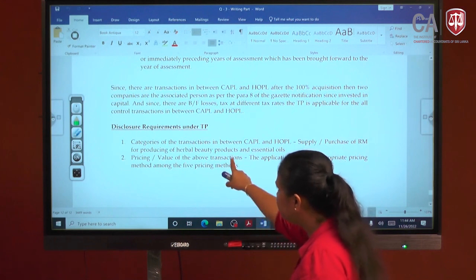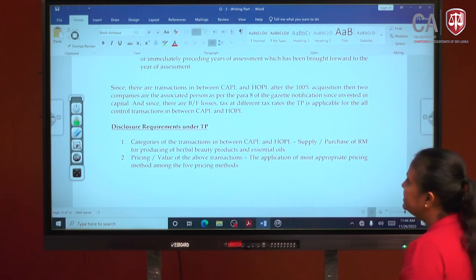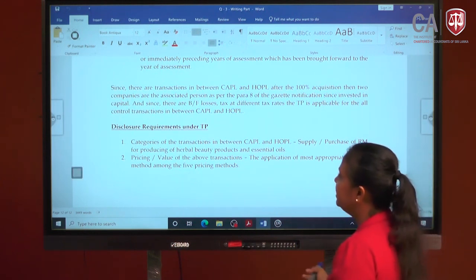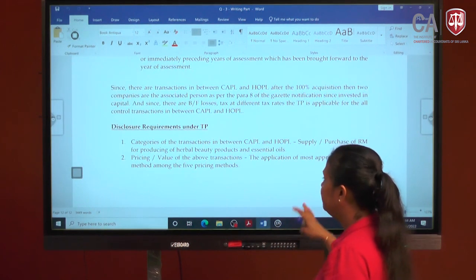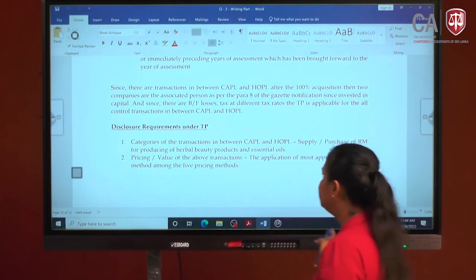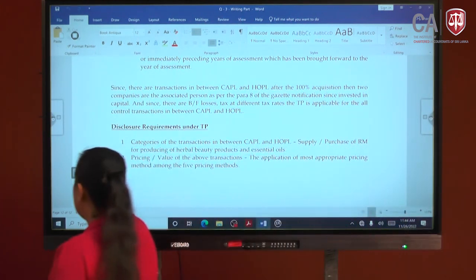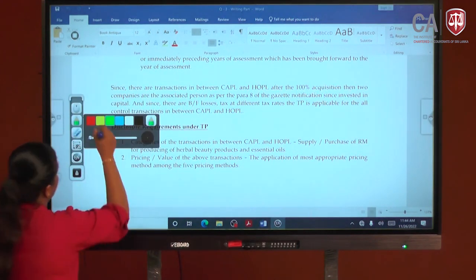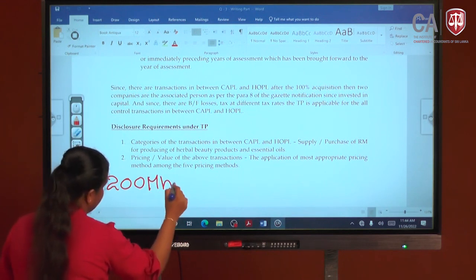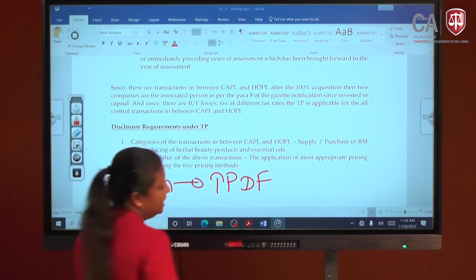The disclosure requirement, the categories of transactions in between CAPL and HOPL: supply, purchase of raw material for producing herbal beauty products and essential oil, and pricing. The value of the above transactions, and the application of the most appropriate transfer pricing method, you have to mention. And again, if the transaction is more than 200 million, then you have to file the transfer pricing disclosure form, TPDF.